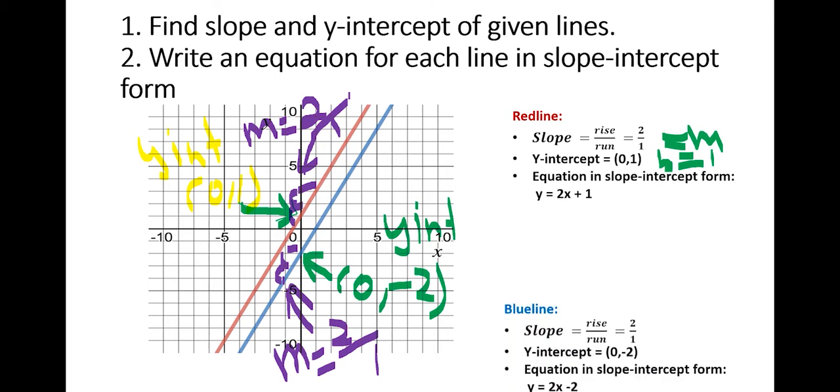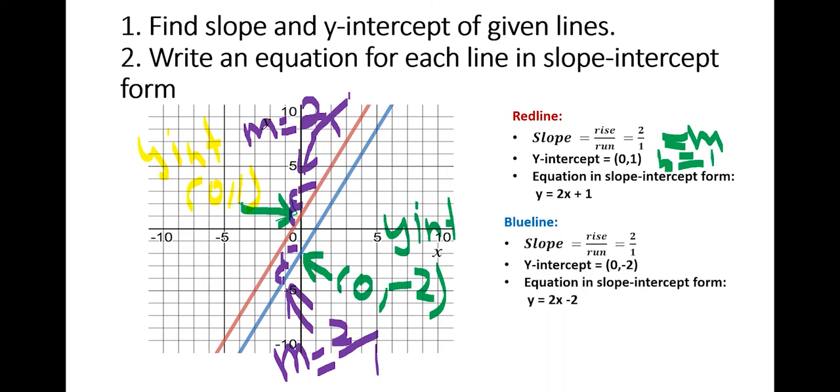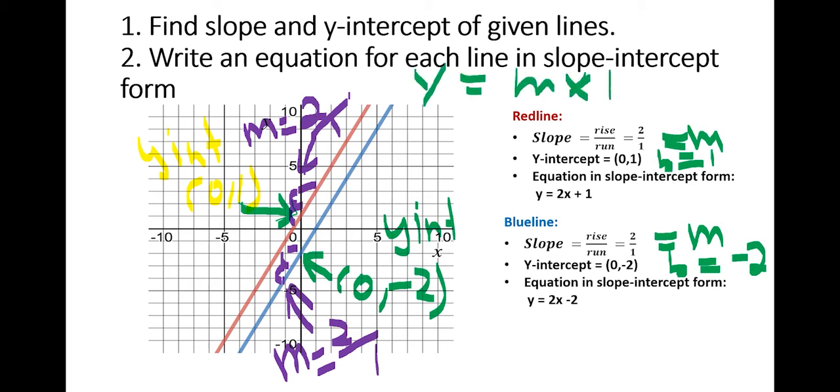Same way for the blue line, our slope is 2 over 1, which can be written as 2, and our b is negative 2. So we just plug it into the equation. Our equation for the blue line is y equals 2x minus 2.